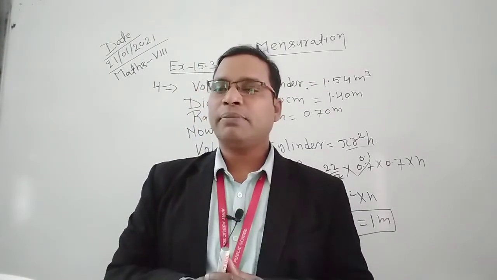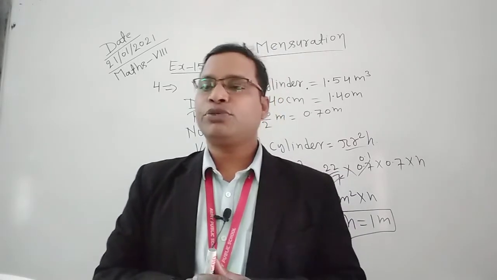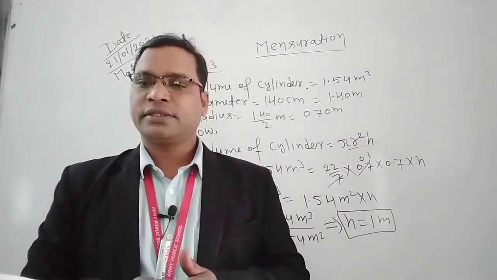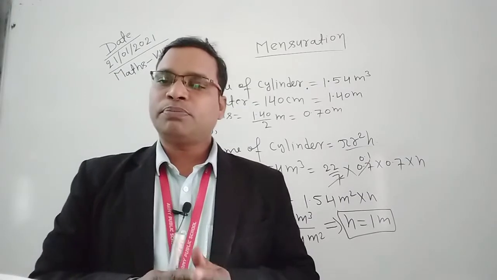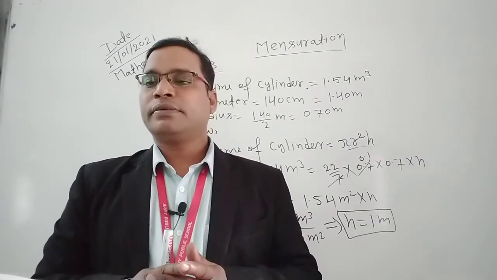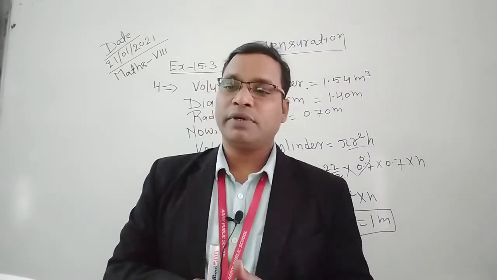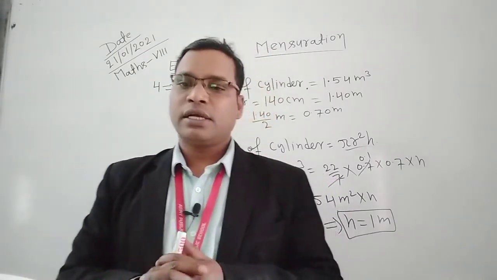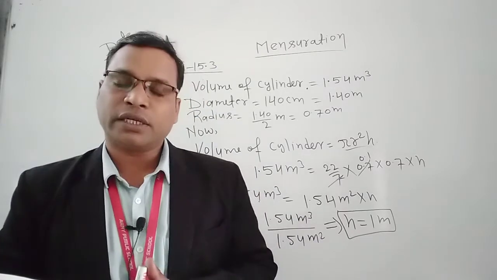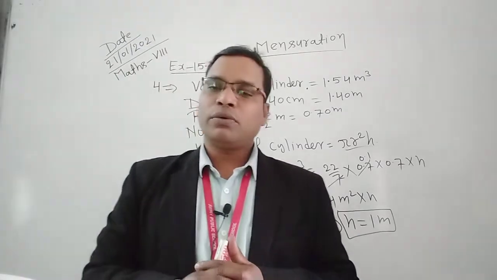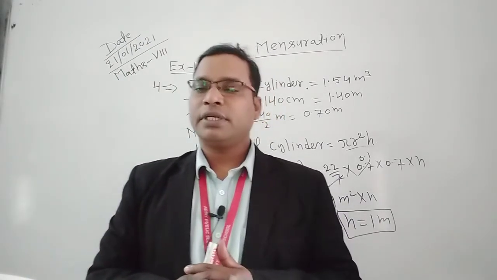How do you find the length of pipe? Because the speed is given. Water is pumped out of it at the rate of 27 kilometer per hour. So this is the length of water which flows out of pipe in 1 minute.